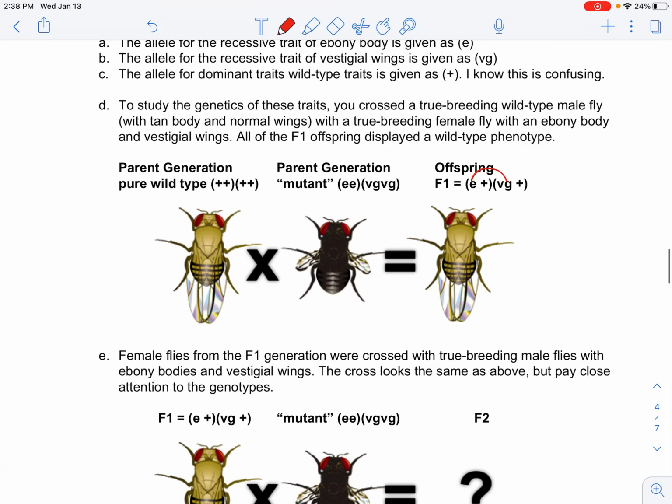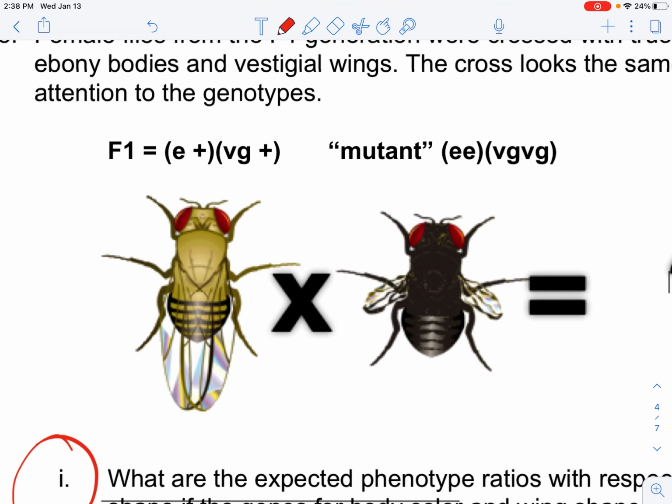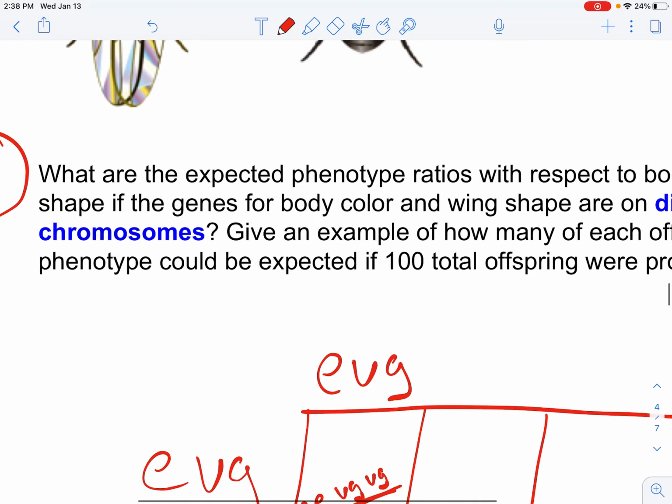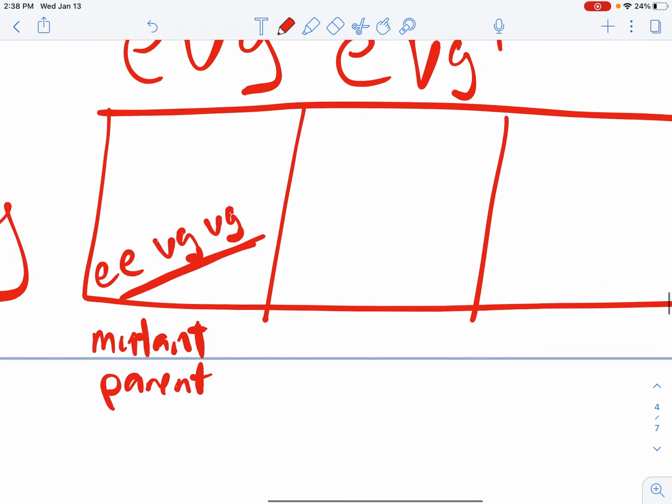Okay, let's do another one. I guess I'll just look at this one here. This one would be next, E and plus, and I'm going to write VG plus so I know what I'm talking about.